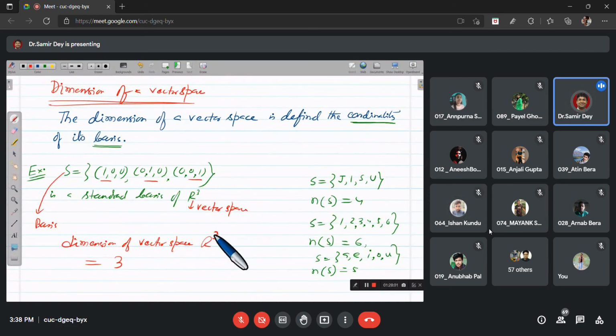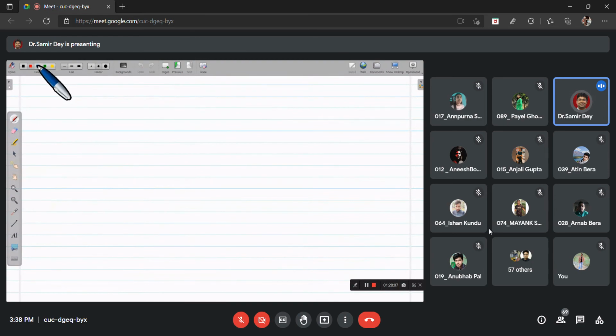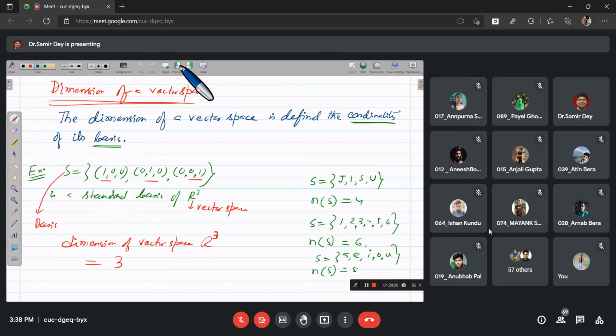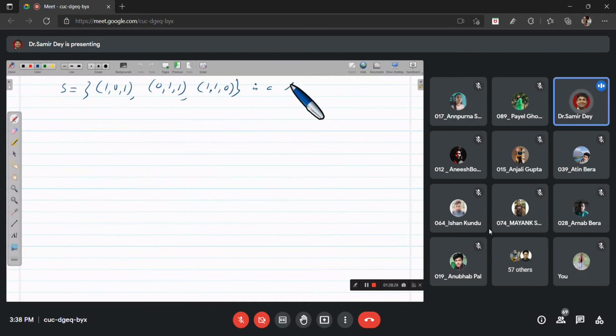Okay. Another example. Then I will show you how to find it, but first you write down some examples. It will be better for your understanding. Suppose another example. S is equal to (1,0,1), (0,1,1), (1,1,0) is a basis of R cube.